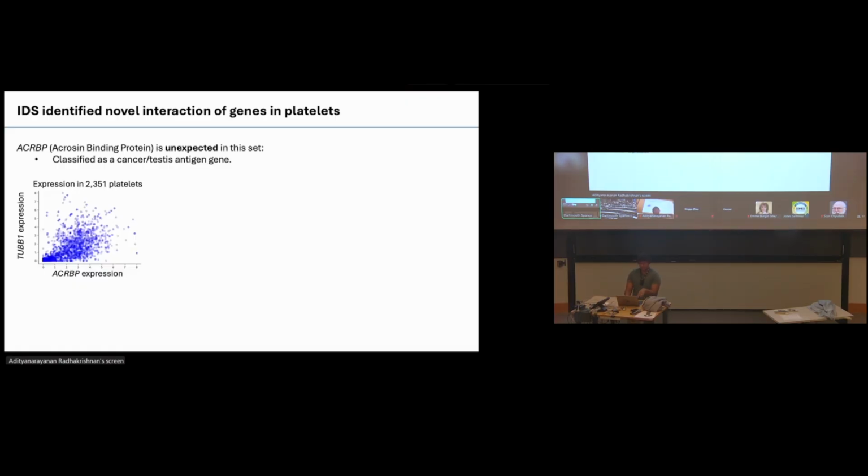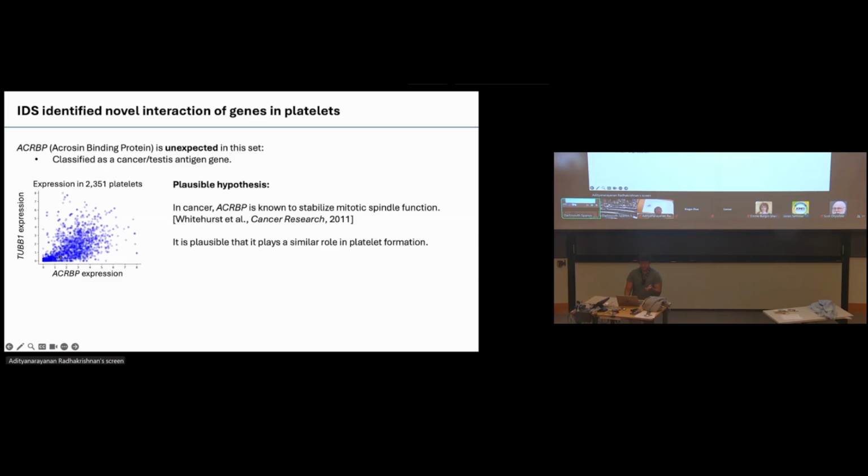So here's the expression of this gene and another gene, tubulin, and you see that there is some kind of dependence. And in cancer, this gene is known to stabilize the cell when it is becoming polyploid, when it's multiplying its chromosome content many times. This gene is known to stabilize that process.